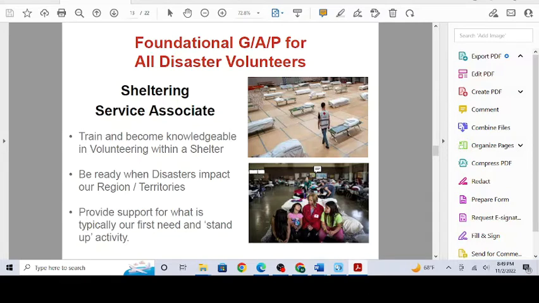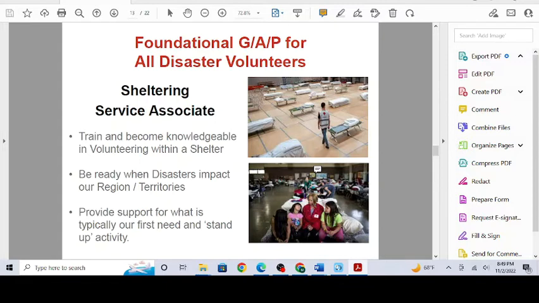The secondary advantage of getting this training is, like I said previously, if you're going to one of those larger disasters where we're transporting you, a lot of times you'll be staying at emergency shelters. So one of the advantages of this training is you learn more about how shelters operate.